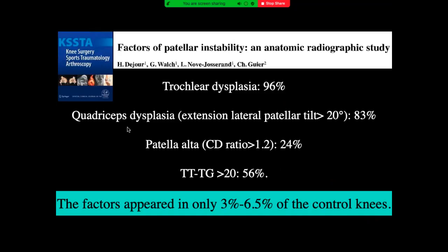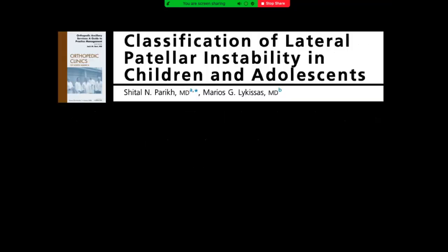Quadriceps dysplasia, that is, lateral pull, was present in 83%, patella alta in 24%, and TTTG abnormality in 56%. So it is obvious that trochlear dysplasia is common, and one of the causes of this much trochlear dysplasia may be not addressing pediatric patellar dislocation as well.